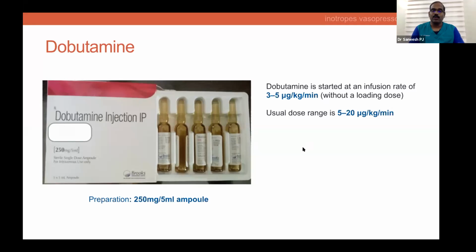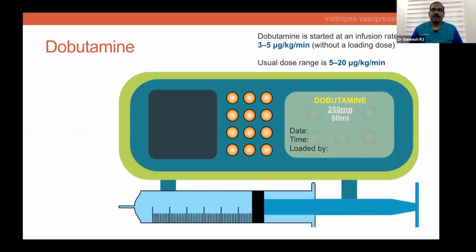Okay. Now, how do you tell the anesthesia nurse or critical care nurse to prepare the drugs? Or if you happen to prepare the drugs, how do you prepare? Okay. Now we have dobutamine 250 milligrams in 5 ml. You draw it in a 50 ml syringe. The diluent usually we take is 5% dextrose or NS.